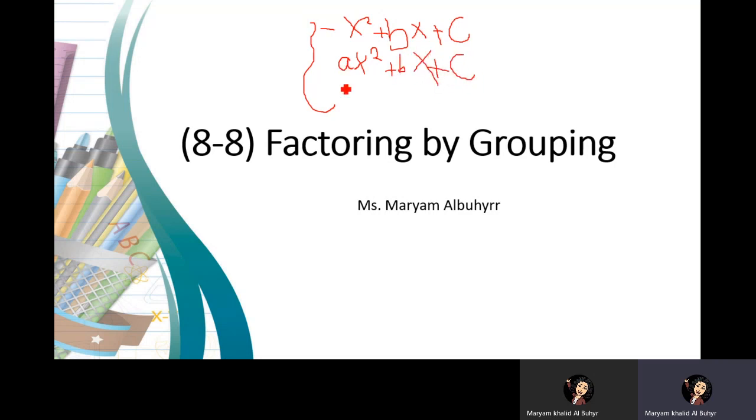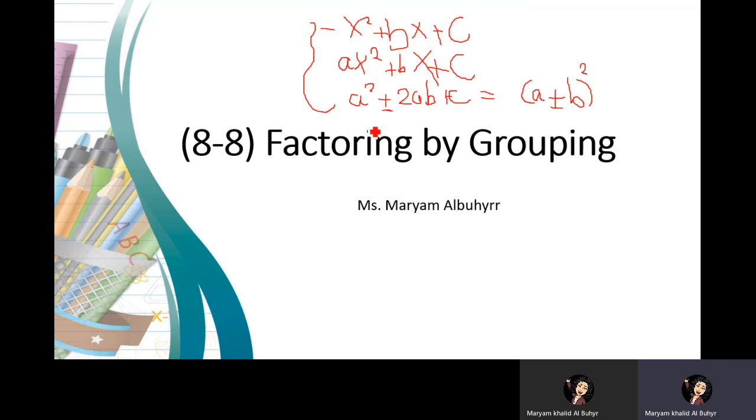We also learned how to factor the special case, which is of the form a to the power 2 plus 2ab plus b to the power 2, which equals a plus b, all to the power 2. If the middle term is negative, then here is also negative.